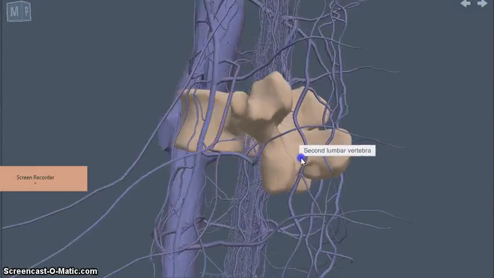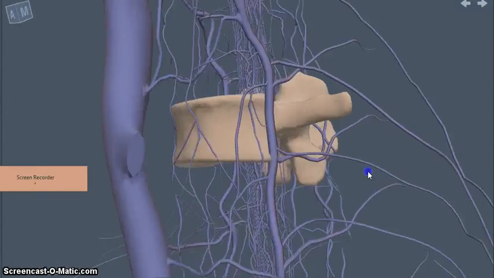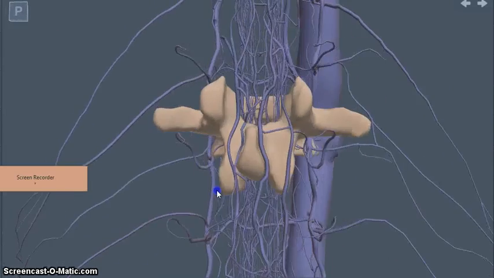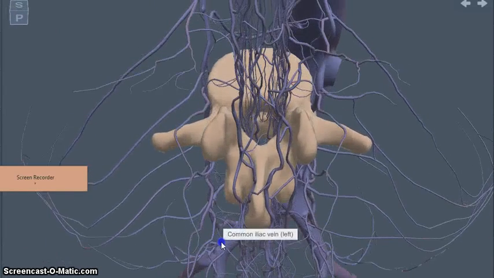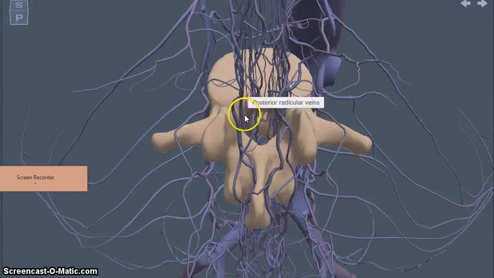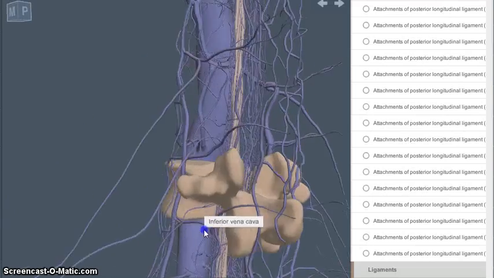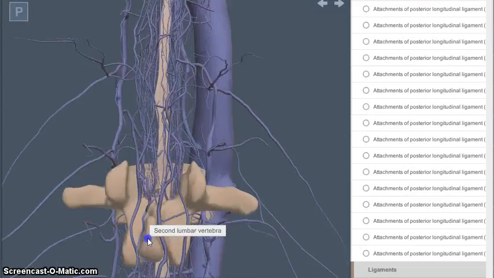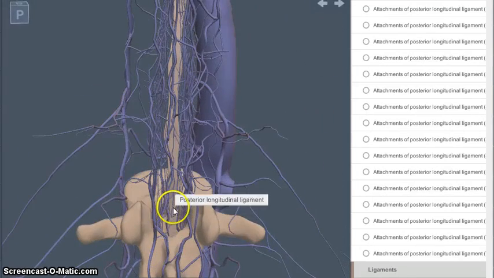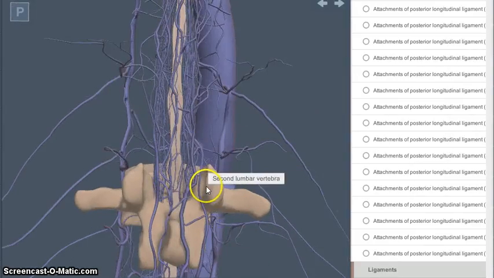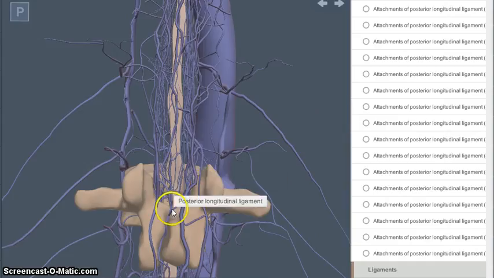If we quickly look at the venous structures of the lumbar vertebrae, you can see that it's highly vascularized. What we want to look at is the fact that the vertebral body itself has a lot of venous drainage that's present. And if we add the posterior longitudinal ligament to the mix, you can see that with certain spinal movements, it may be able to alter the outflow of venous drainage from the vertebral body.